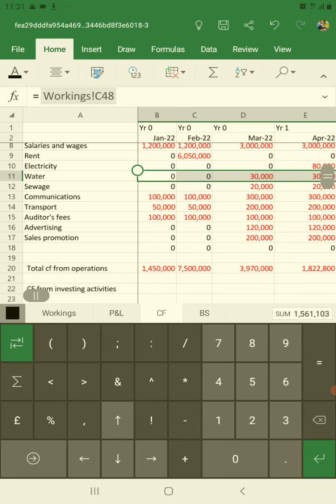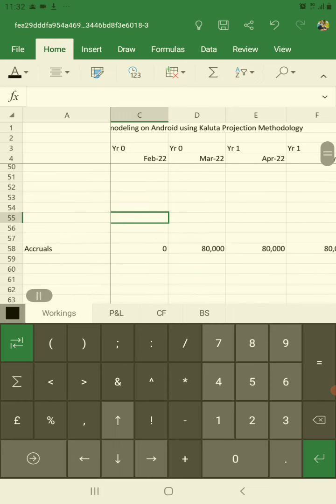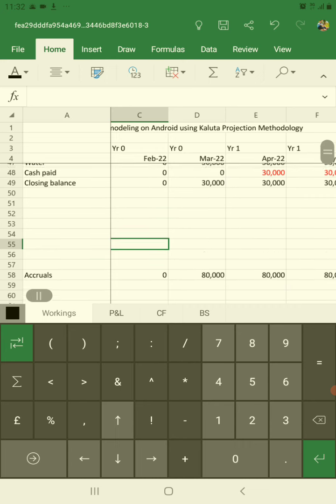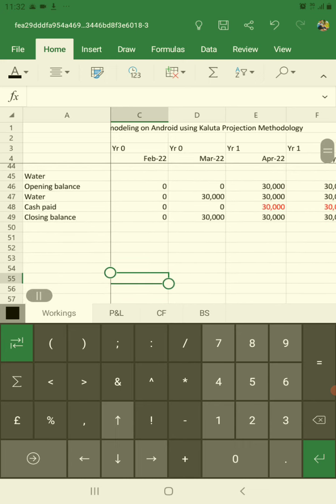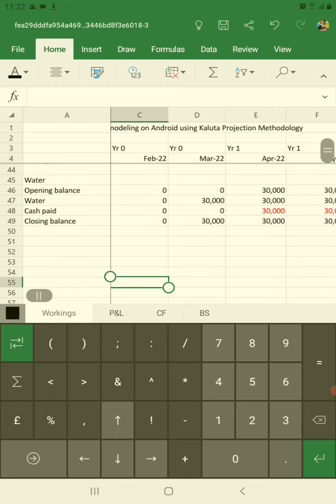Okay, so the changes have already been reflected in water, and in workings here, my accrual figure still has a balance for electricity. It has not added the balance for water, because the water also was supposed to be added.